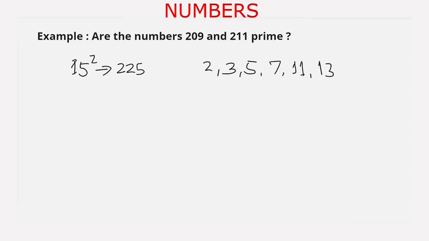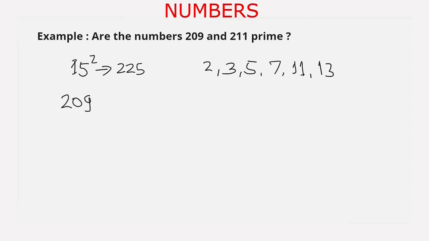And if it is not divisible, then it is prime. So we test 209. 209 is an odd number, so it is not divisible by 2. And the sum of the digits 2, 0 and 9 is 11, so it is not divisible by 3. As it is not ending with 0 or 5, it is not divisible by 5.